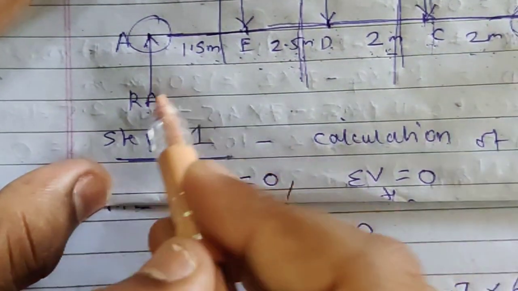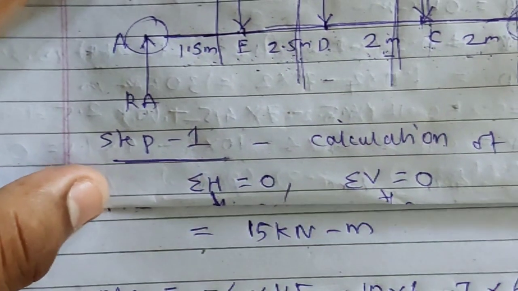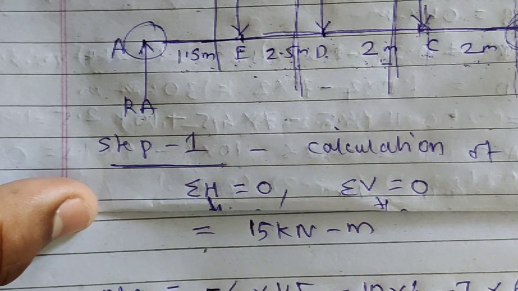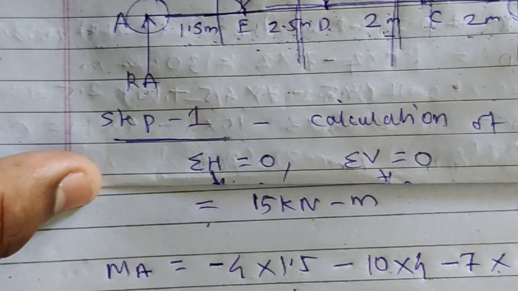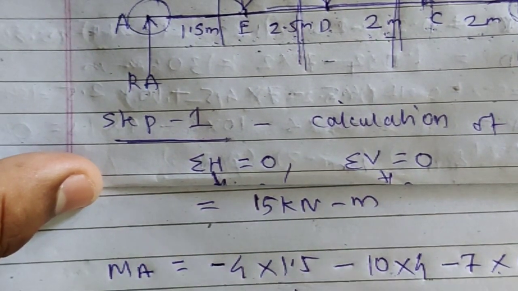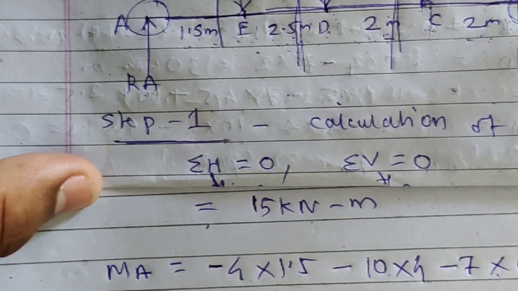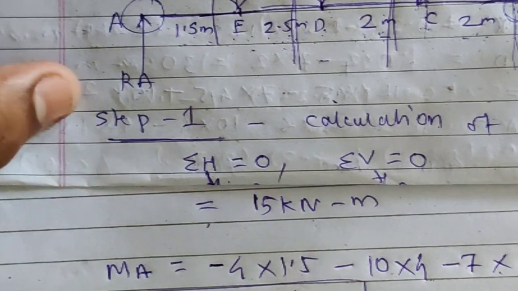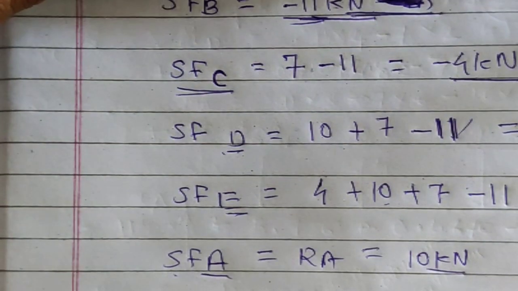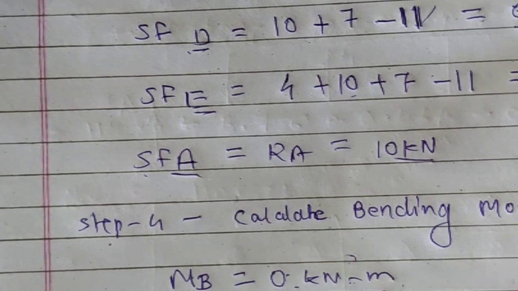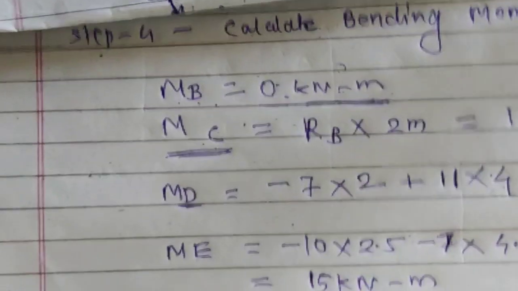So total distance from B to A is 8 meter, span is 8 meter. Okay, so my value comes out to be 0 kilonewton meter if you calculate it. So my moment at A will be 0, and my moment at B is also 0. So both end moments will be 0.